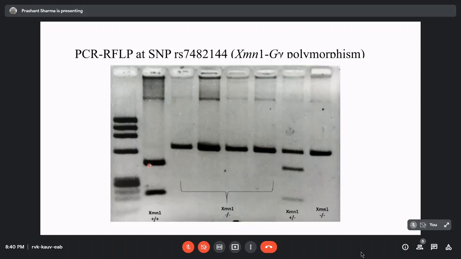On the other hand, if the person has a plus genotype, then he has the polymorphism on both alleles, so we'll get two smaller bands. And if a person has plus on one allele and minus on the other, he'll get a band of the wild type as well as the bands of the polymorphic. So we know that this person is heterozygous. He has both these two kinds of patterns.